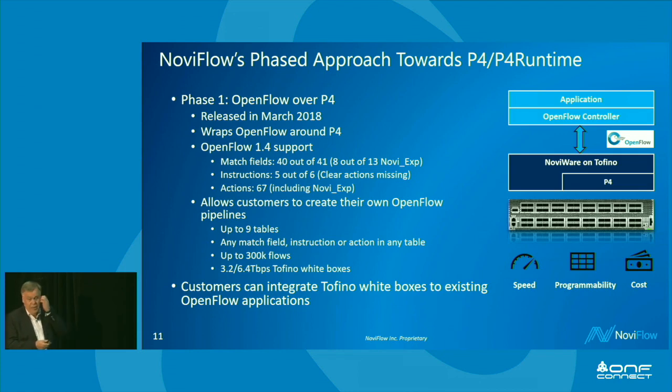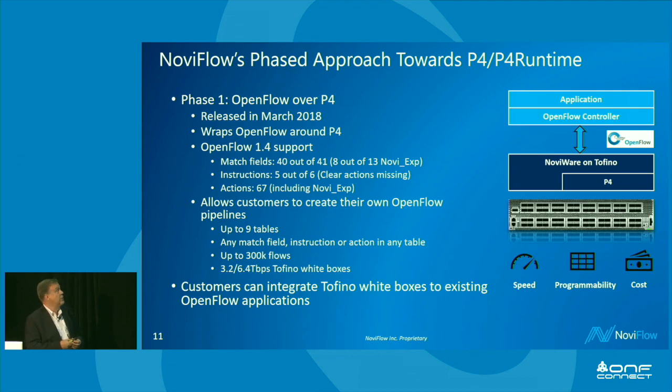What happened was we discovered Barefoot Tofino at the time, and suddenly had another silicon that was very, very programmable, at probably roughly 10x the throughput and 1/10 the cost per gigabit per second. So we said, this silicon, how can we make this available to our customers?